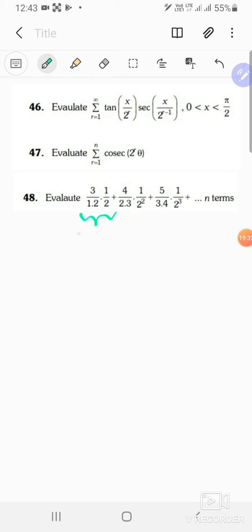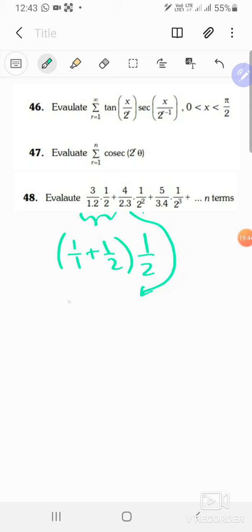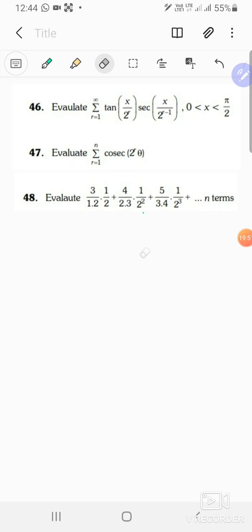So 3 can be written as 1 plus 2, so 1 upon 1 plus 1 upon 2 into 1 by 2, which, okay, fine. And then this thing can be written as, no wait, not 2 plus 3, that's not going to work in that case. So what do we do?